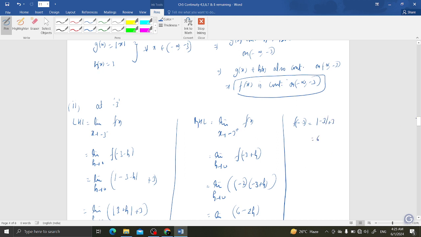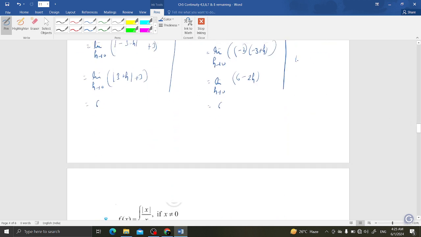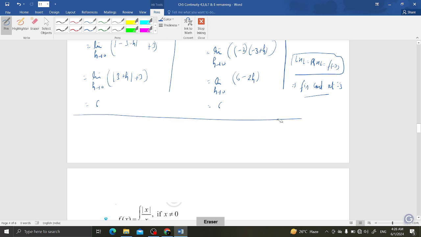So what we have from here is LHL equal to RHL equal to f(minus 3), hence this function f is continuous at minus 3.